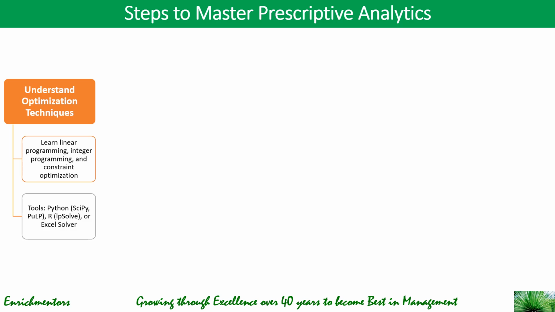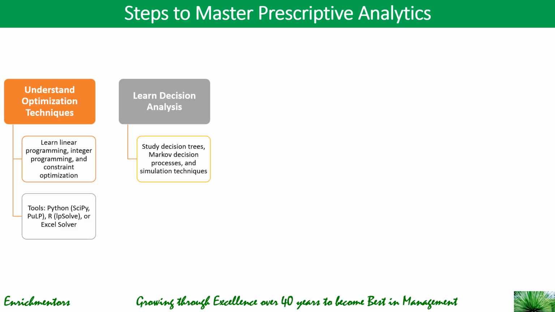Having learned the optimization techniques, you need to learn decision analysis. How would you decide? How would you evaluate the alternatives and decide the right decision? There you need to study decision trees, Markov decision processes, and simulation techniques to be able to decide optimally. Then you need to combine predictive and prescriptive analytics.